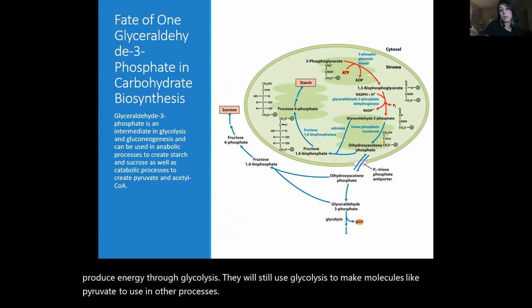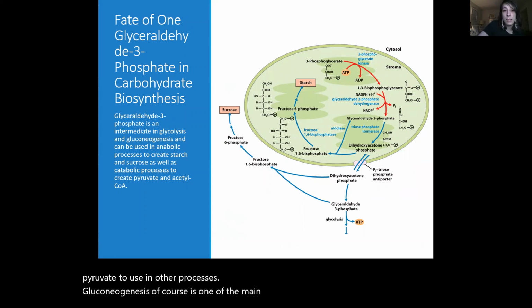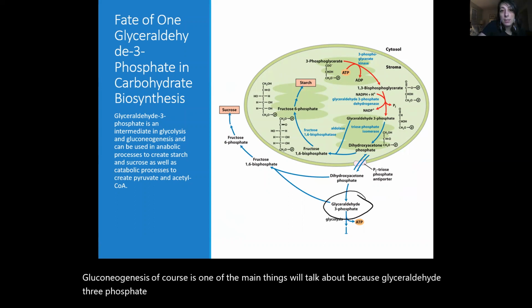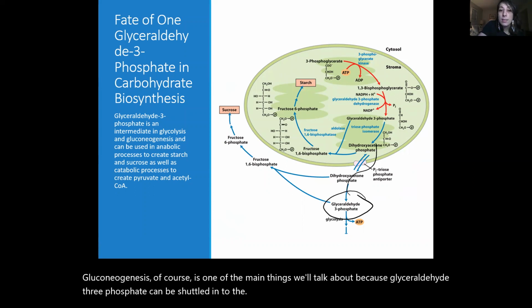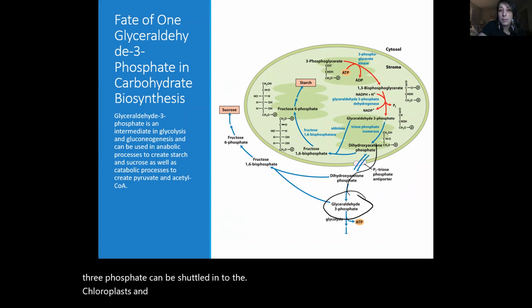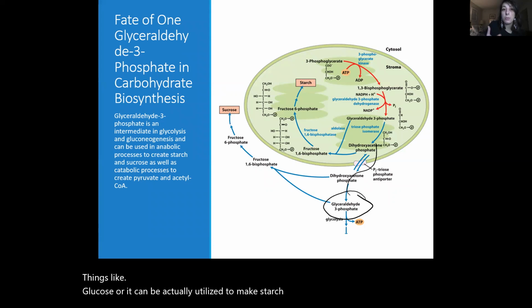Gluconeogenesis, of course, is one of the main things we'll talk about because glyceraldehyde 3-phosphate can be shuttled into the chloroplast, and here it can be made into things like glucose, or it can be actually utilized to make starch, build up starch molecules from glucose and fructose.